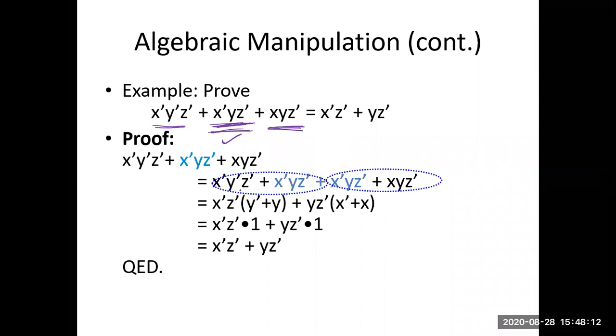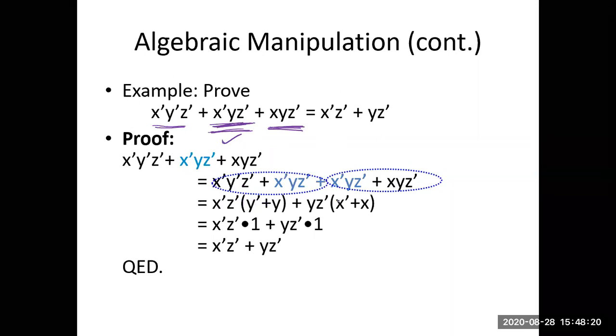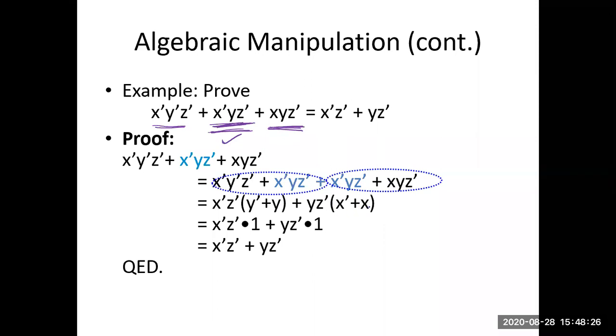From the first one, I am taking x bar z bar common, and I am ending with y bar plus y. From the second one, I am taking y z bar common, and I am ending with x bar plus x. You already know this is 1 and this is 1, so you are ending with x bar z bar plus y z bar.